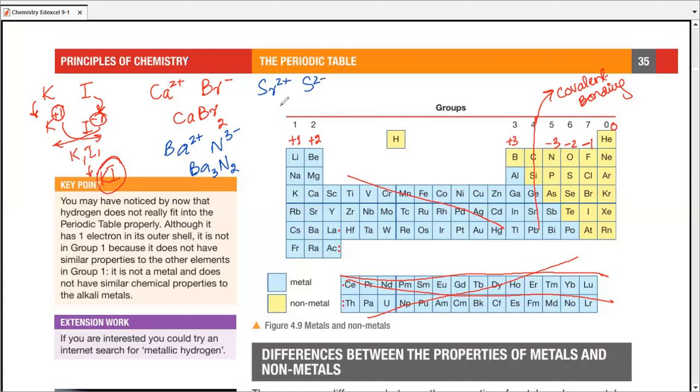Then afterwards, after multiplying, we get Sr2S2, sorry. And now we will simplify. So it will be 1. So we don't count 1. So it will be SrS. Right, great.